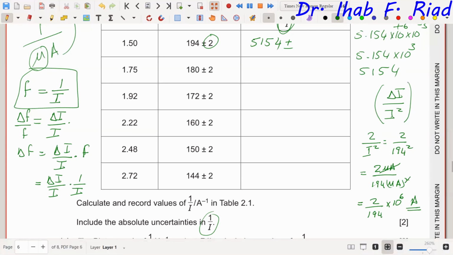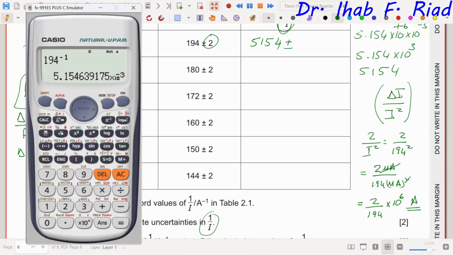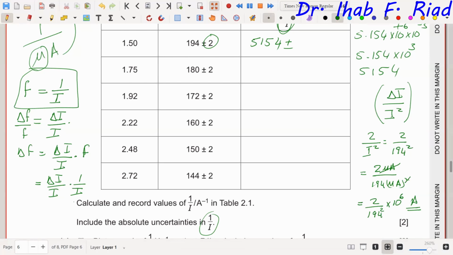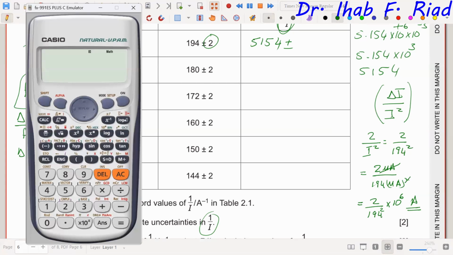Now let us do the calculation. We have 2 divided by 194 squared, multiplied by 10 to the power 6.